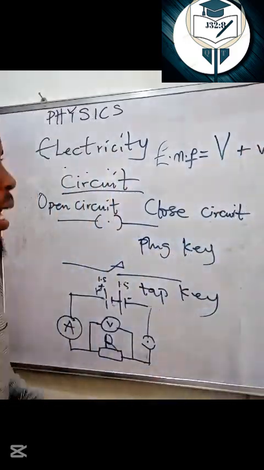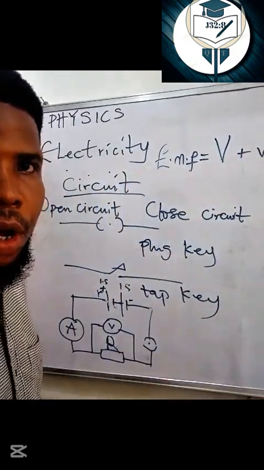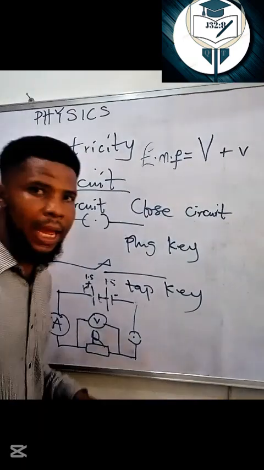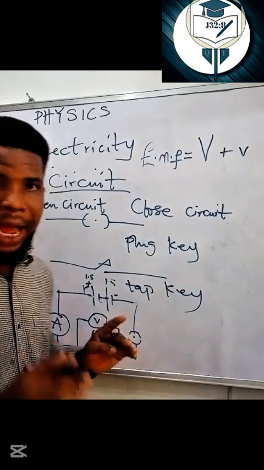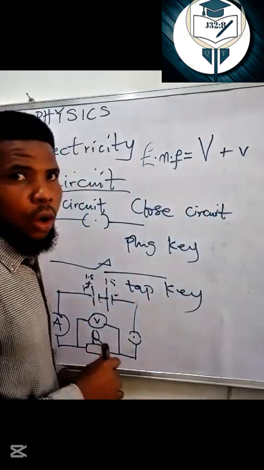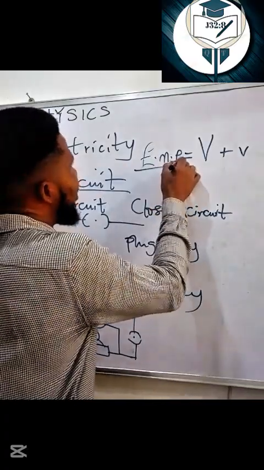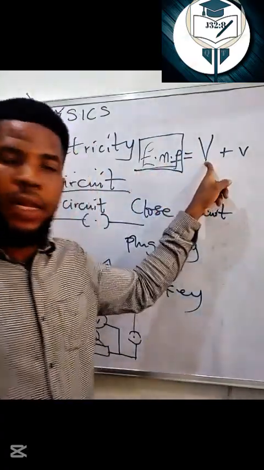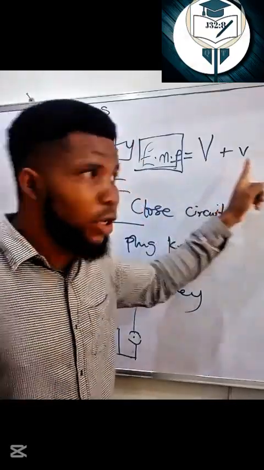Like I said, energy will drop. There will be a loss in energy or PD after the whole cycling. I don't know if you understand. You can see that now, right? Okay, so the electromotive force, like I said earlier, is equal to what? The terminal PD plus the loss PD.